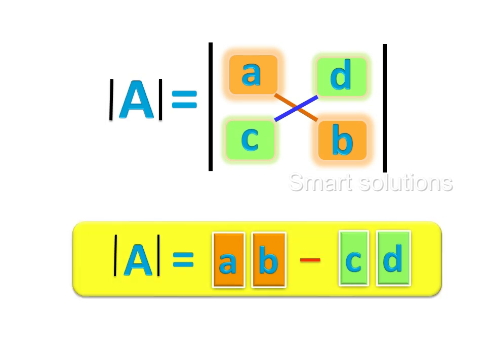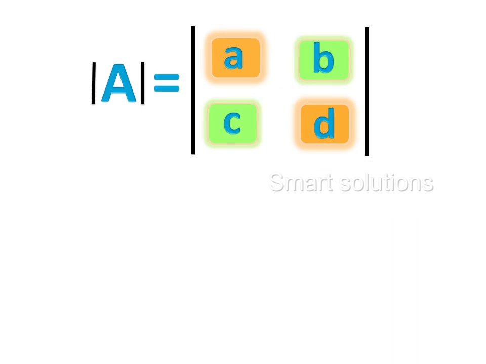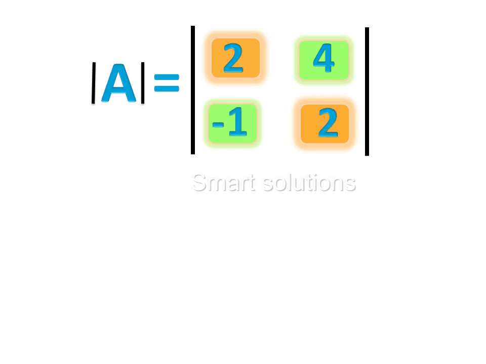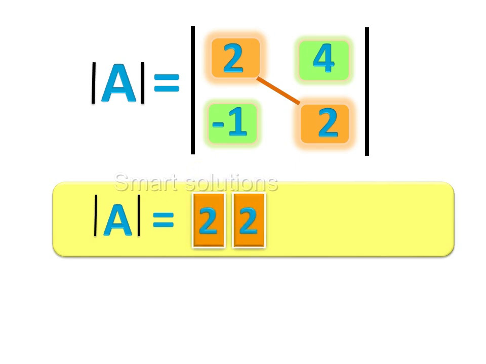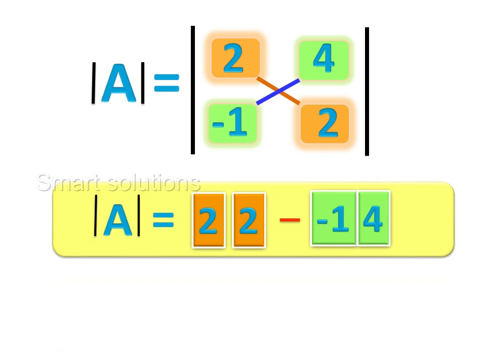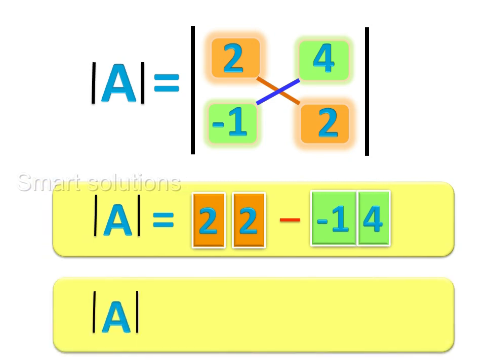Let's take an example. Here, elements of matrix are 2, 4, minus 1 and 2. Determinant of matrix A is equal to the product of elements 2 and 2, subtracted by the product of elements minus 1 and 4.